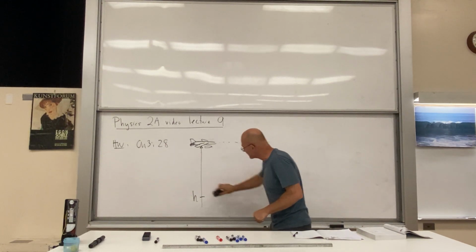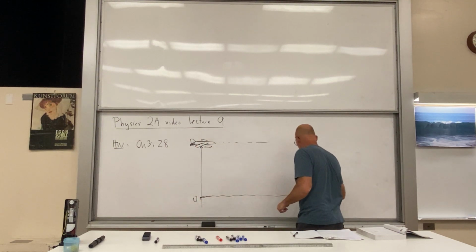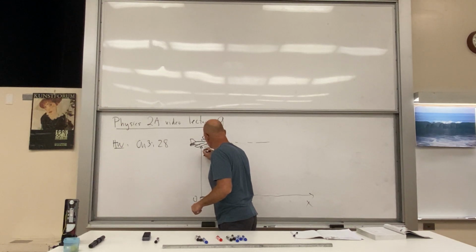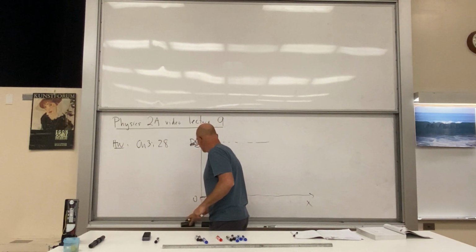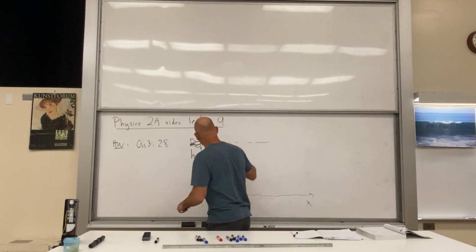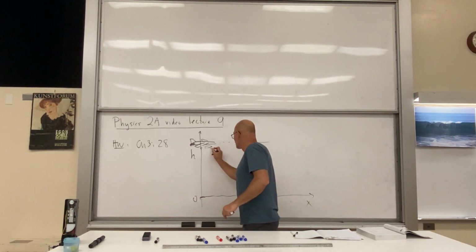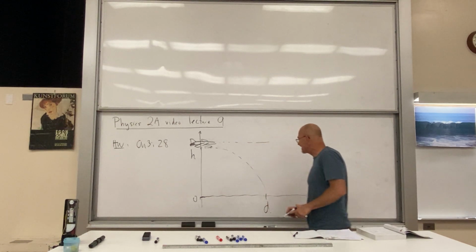So here's the ground level. We'll run this axis right through the airplane, and then we've got our h right there. And it's going to land here at a distance d.